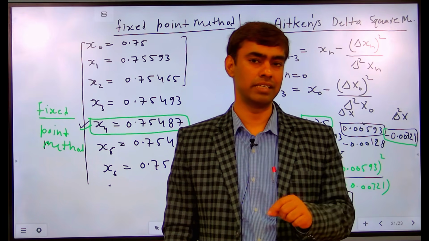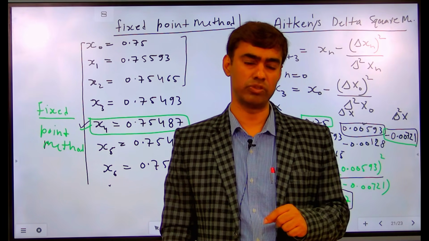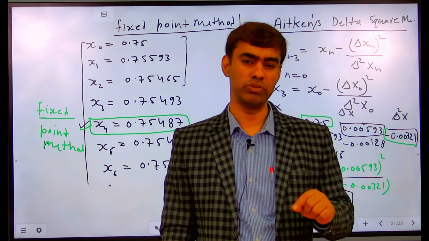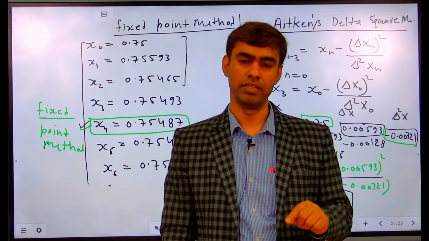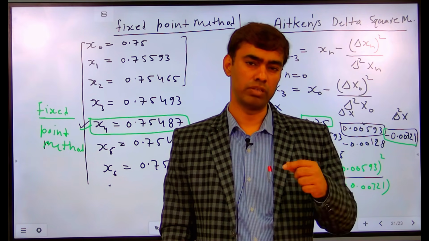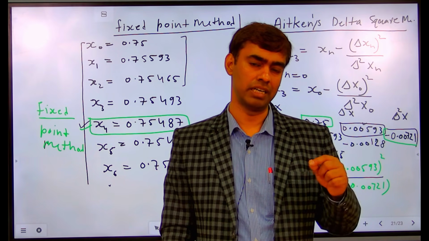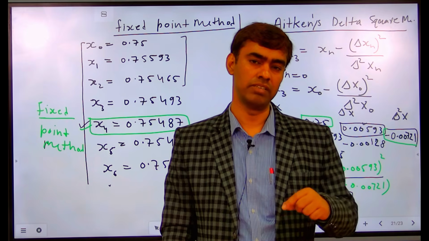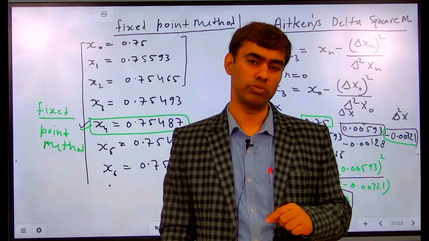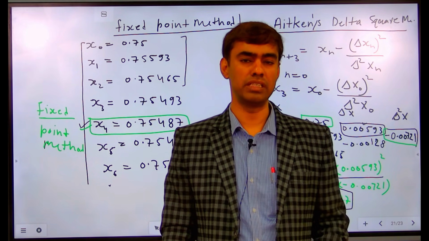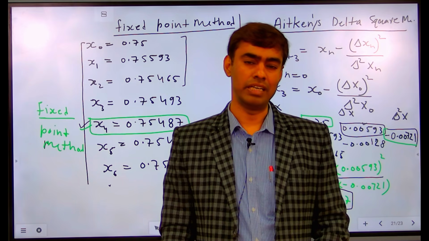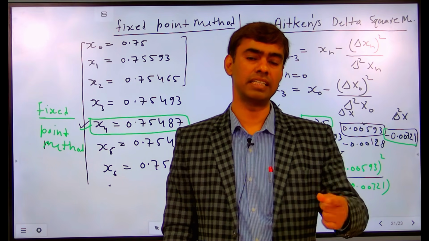Then we write the iterative scheme of Aitken's delta square method and putting in the values, we find the value of x3. Then again, to find the value of x4, we apply Aitken's delta square method on x1, x2 and x3. We find del x1, delta 2x1 and proceed in this way. Then we are able to accelerate the rate of convergence.